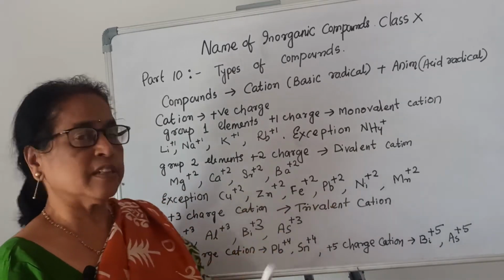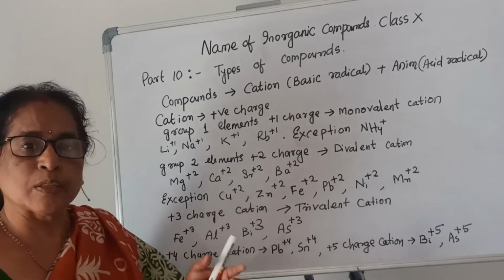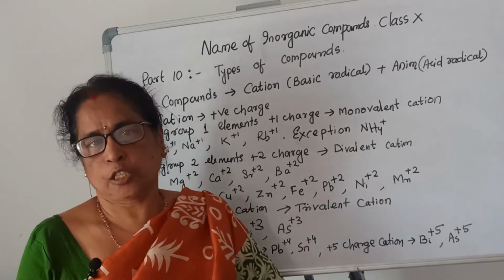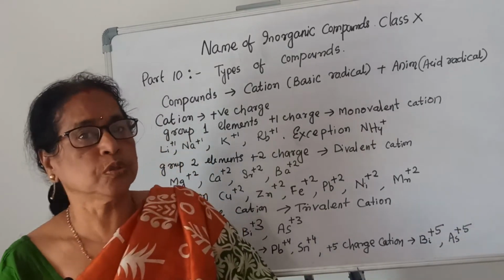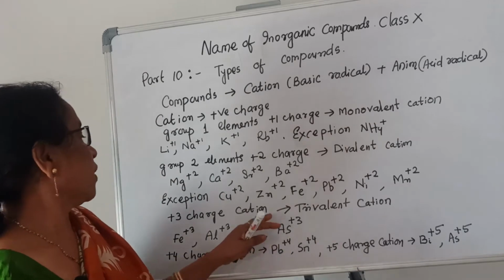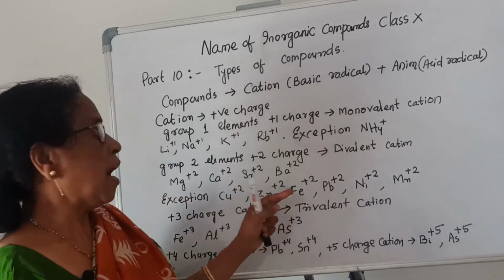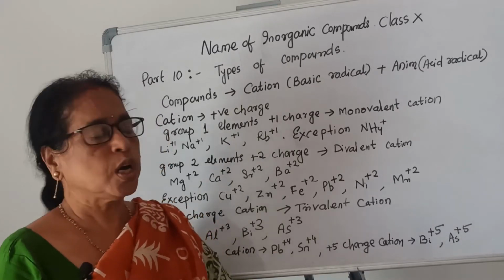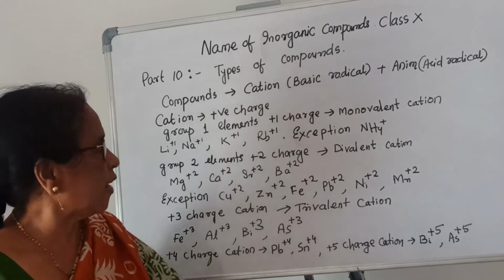We should remember that these transition elements show a +2 charge. Copper shows +1 and +2 charge: +1 is called cuprous, +2 is called cupric. Zinc shows only +2. Iron shows +2 and +3 charge: +2 is called ferrous, +3 is called ferric.